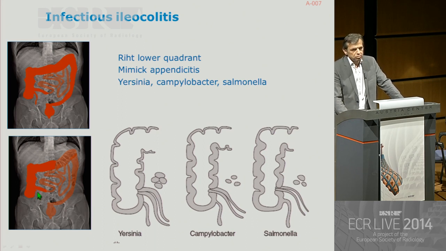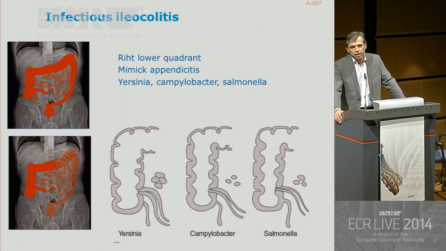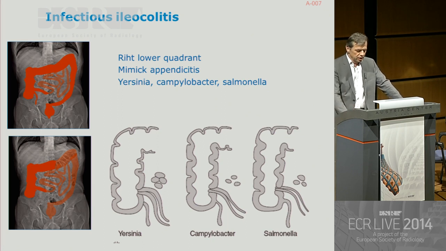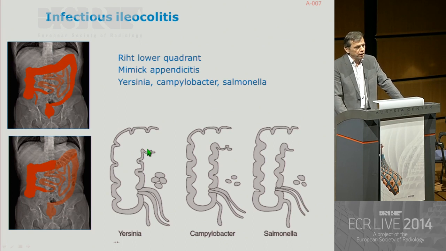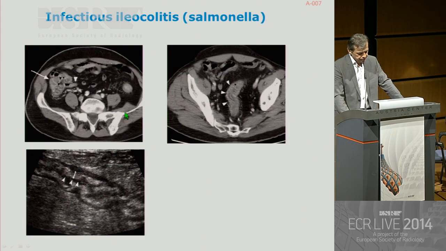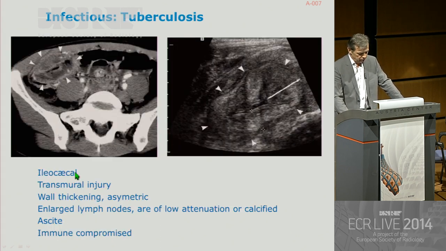When it's localized to the right side, and the symptoms can mimic appendicitis, you have to think about specific pathogens like Salmonella or Yersinia, and involve the physician in charge of the patient and inform him about this possibility. Here is the case of right but also left pancolitis. In this patient, it was due to salmonellosis.